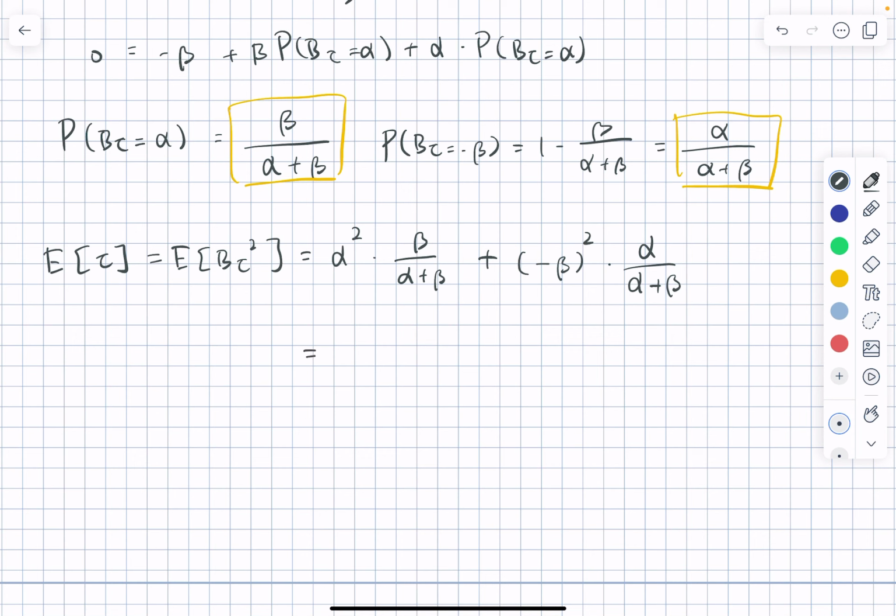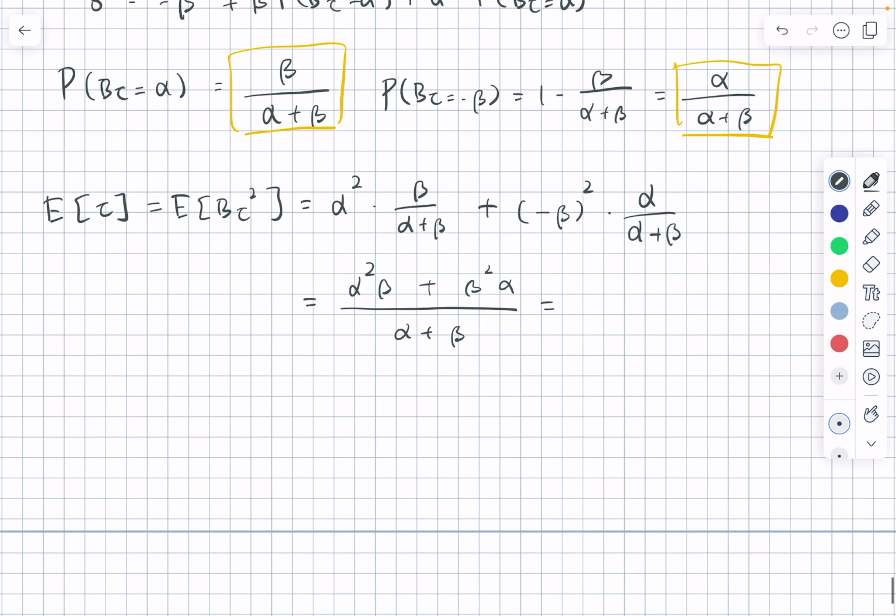To simplify these fractions, we have alpha squared beta plus beta squared alpha over alpha plus beta. We can factor out alpha times beta in the numerator, leaving alpha plus beta in the bracket, divided by the denominator alpha plus beta.